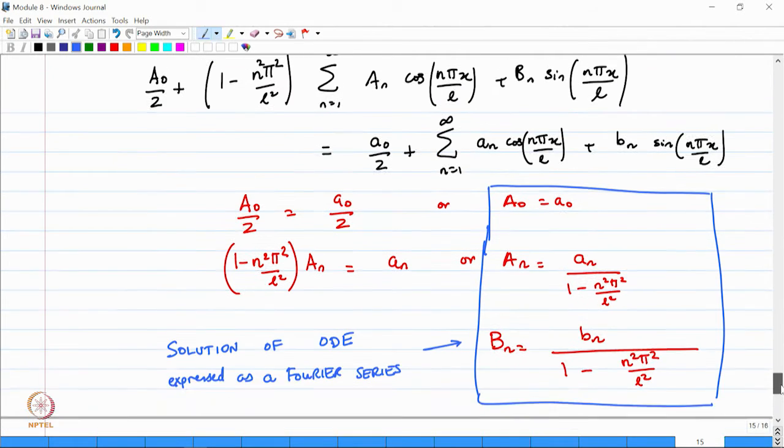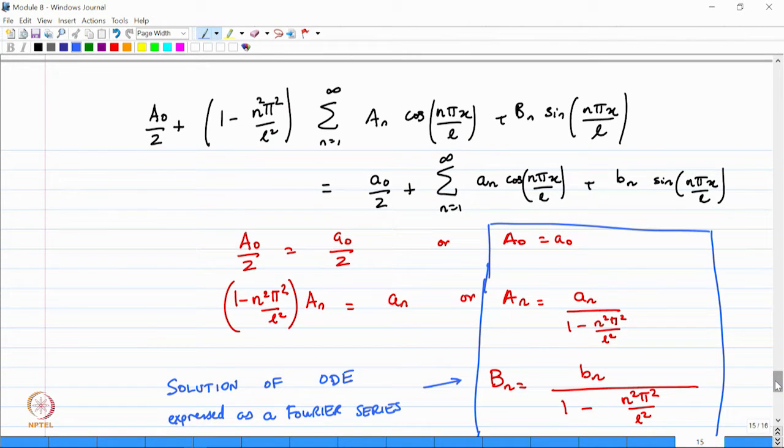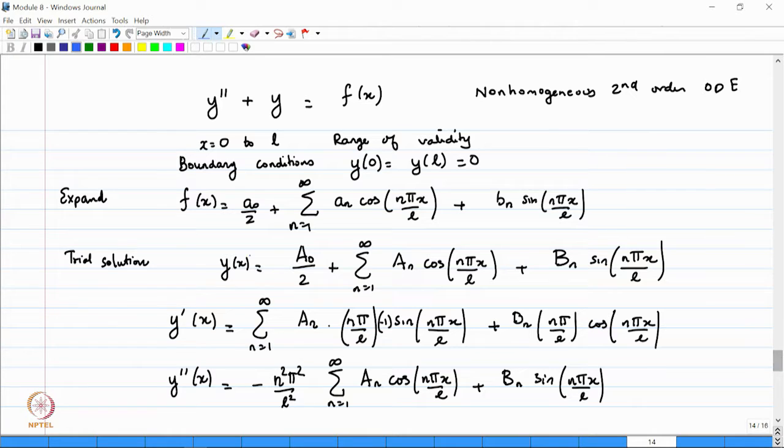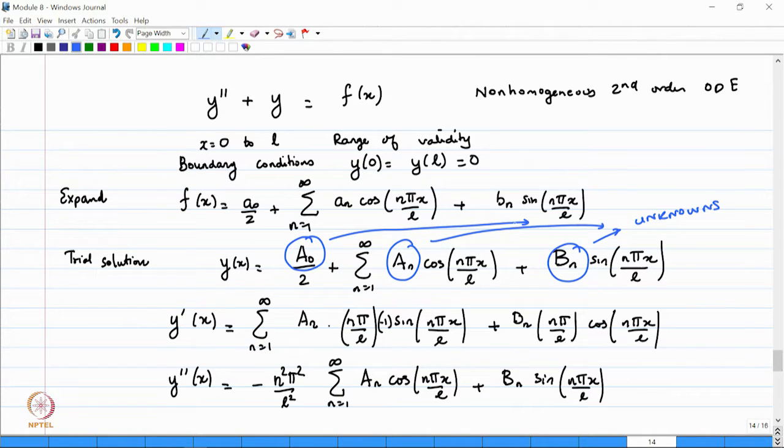Remember, your solution we wrote in this form. When you write the solution in this form, the a 0, a n's and b n's are the unknowns. So your problem of determining y of x is equivalent to determining the unknowns. If you know the unknowns, then you can express it as an infinite series.